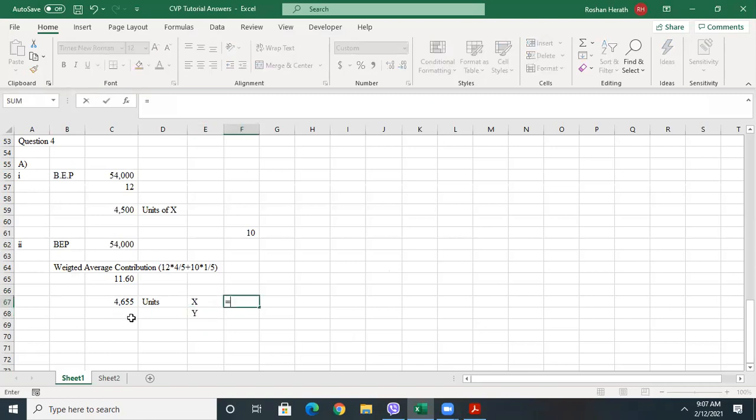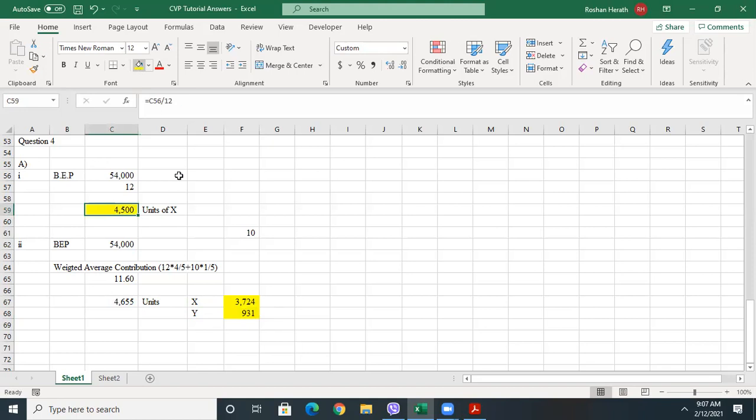If you produce 4,655 units, how many X units has to be there? Usually that is 4 divided by 5, 3,724 units. 4,655 into 1 divided by 5, the sales mix. This is it. 931 units of Y and 3,724 units of X. So that's about the answer.